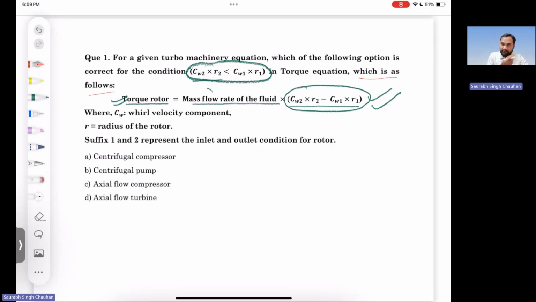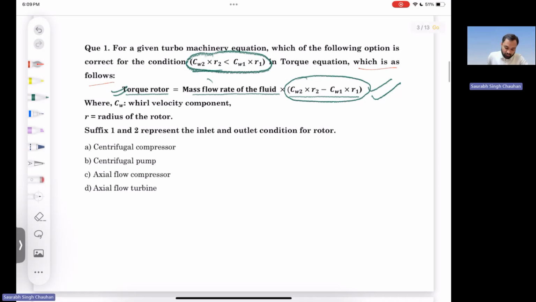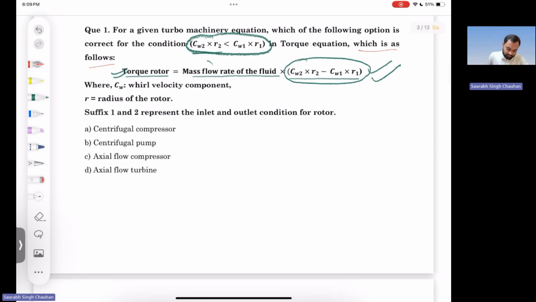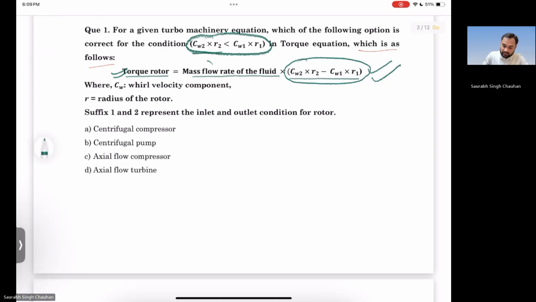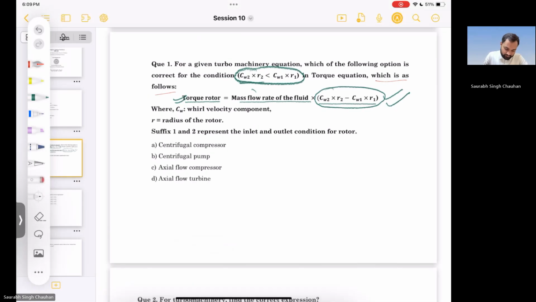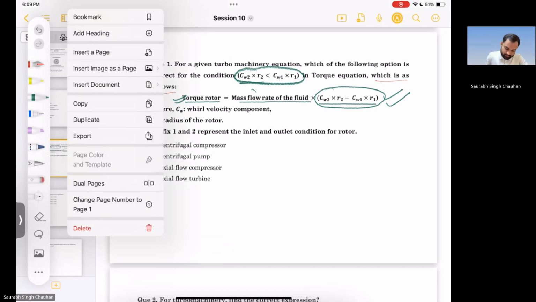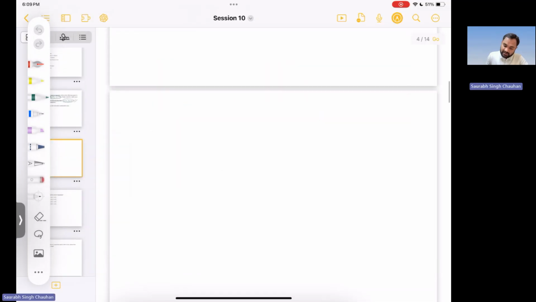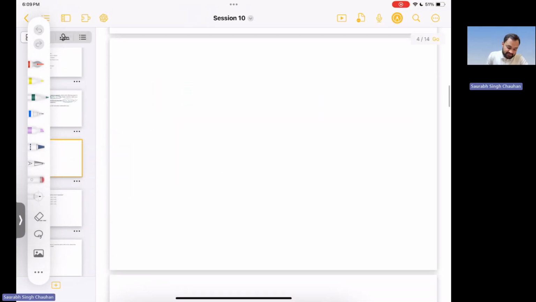Before starting, I think we should be very clear about the notation. So I will quickly draw a diagram so that it is clear.